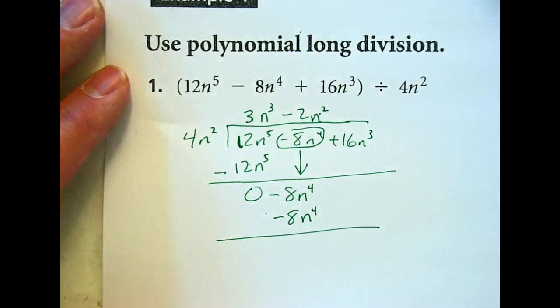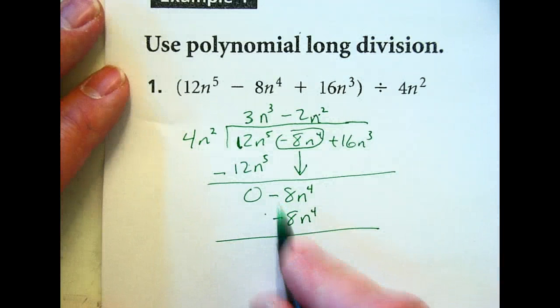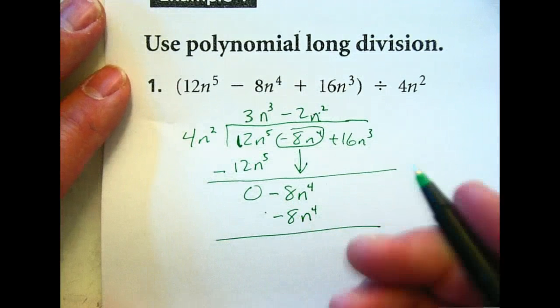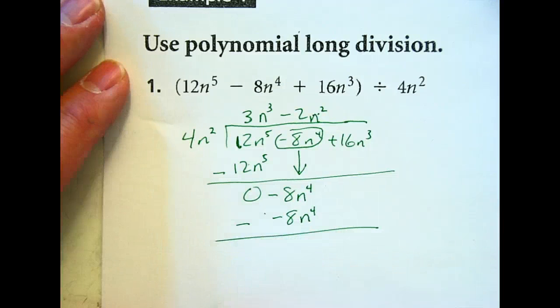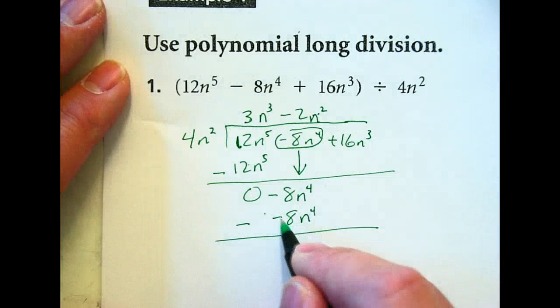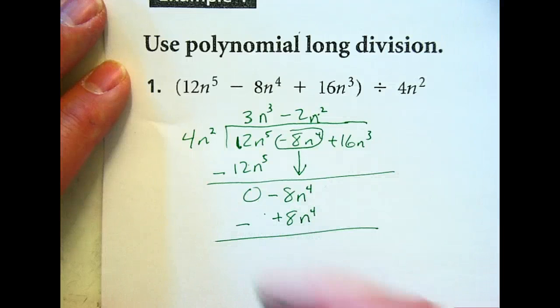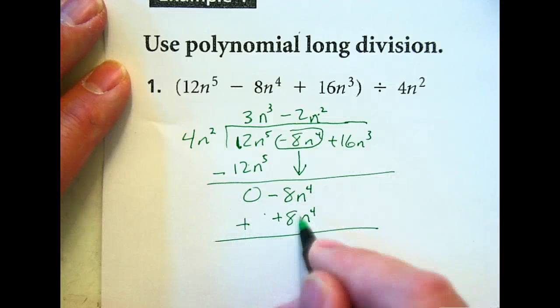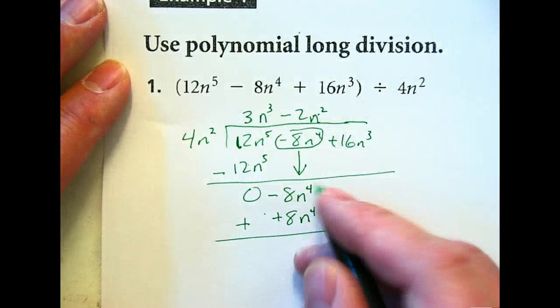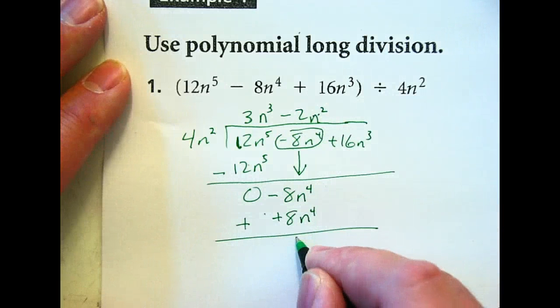And now we look at it and we're like, well, hold on. That gives me a negative 16. However, you're really subtracting a negative 8, right? And when you subtract a negative 8, you actually are adding. You get that? Okay. So we're adding the opposite, which really is 0. All right.